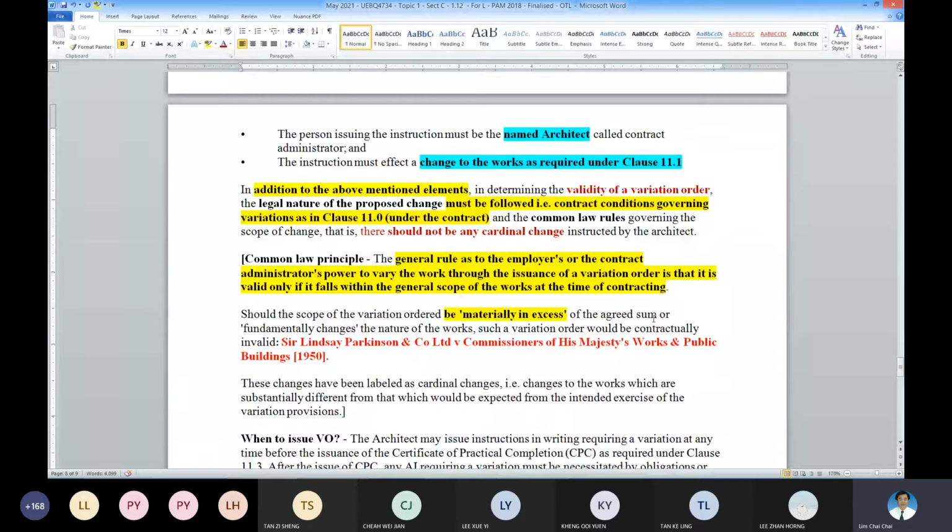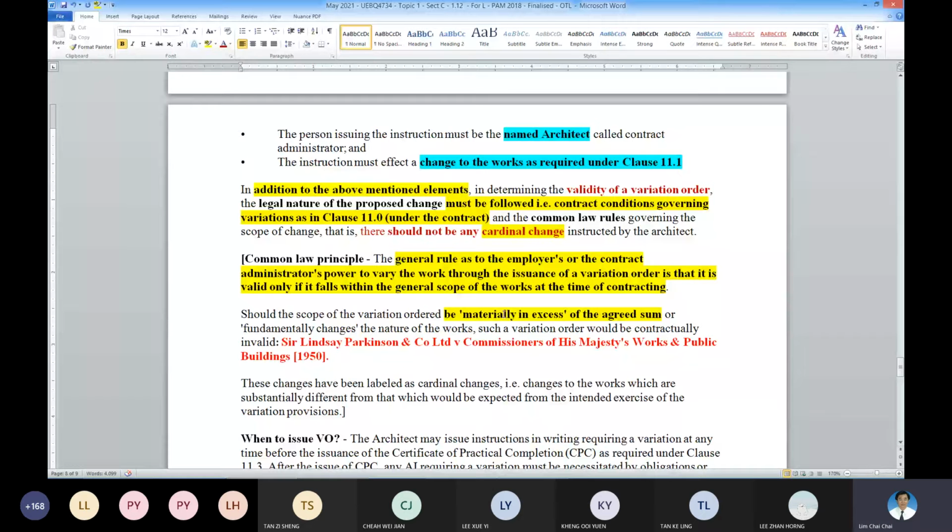For example, your contract is a 1 million contract sum. VO issued becomes 20 million. So this falls under the cardinal change. Agreed? Okay. That is in terms of value.